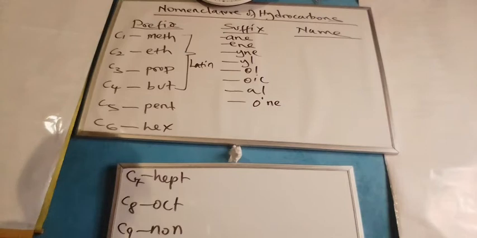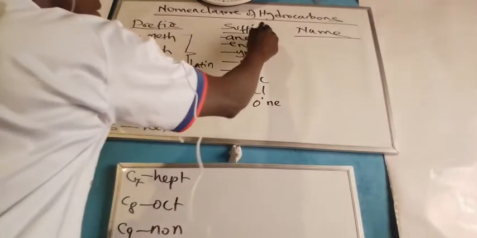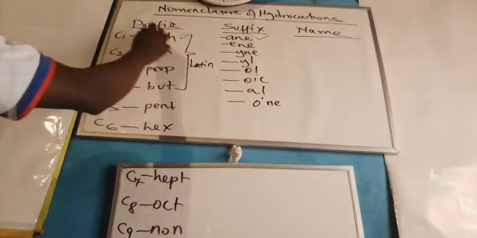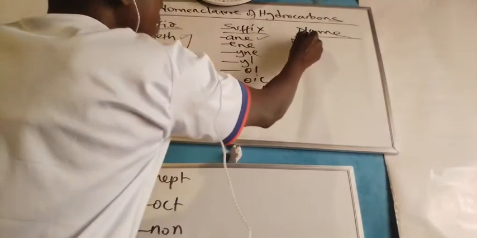If the organic species is an alkane, then the suffix "ane" will be added to the prefix, such as meth and "ane" will form methane.